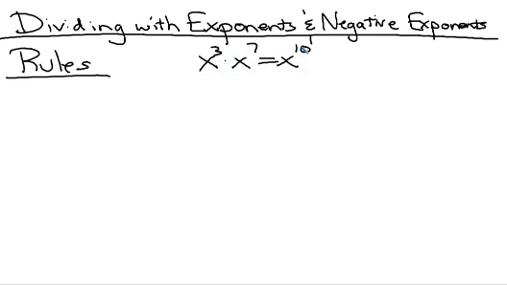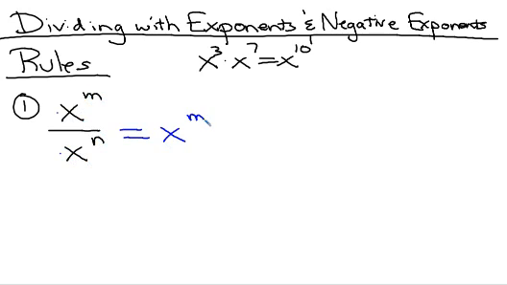We added the exponents. Well, now my first rule is that if I am dividing, and once again notice that I have like bases here, they're both the same base, then I just subtract the exponents. It's exactly what you think it is. It's x to the m minus n.